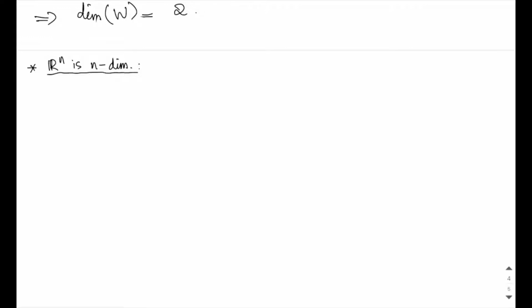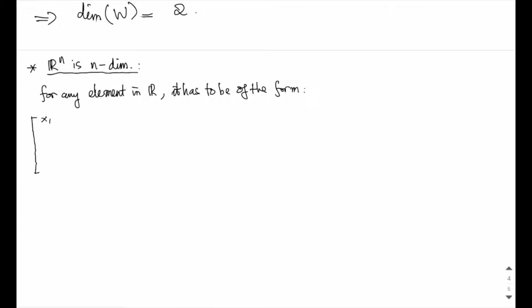All right, so first I'm going to point out a collection of n vectors that span Rn. Now, for any element in Rn, it has the form x1, x2, xn.